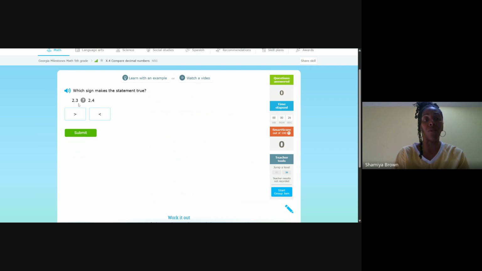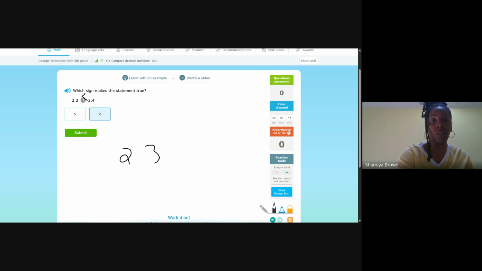So that means 2 3/10 is less than 2 4/10. So the big part is opened up to the big number. If I had to write it in, 2 3/10 is less than 2 4/10, just so you can see.